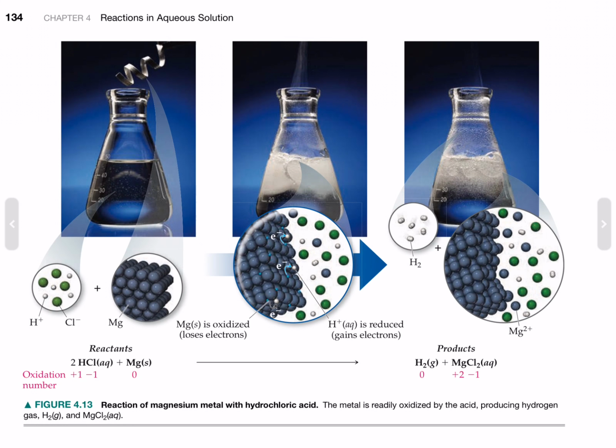Figure 4.13, reaction of magnesium metal with hydrochloric acid. The metal is readily oxidized by the acid, producing hydrogen gas, H2, and magnesium chloride.